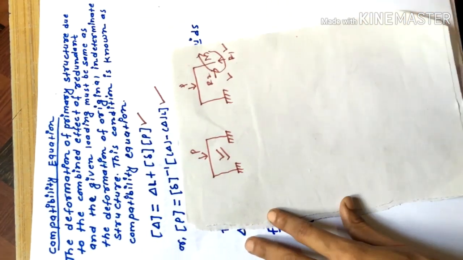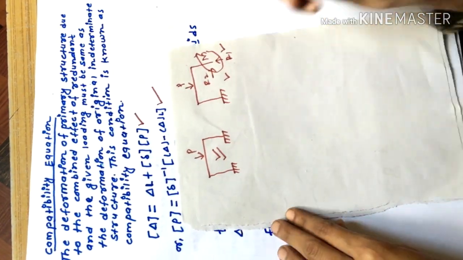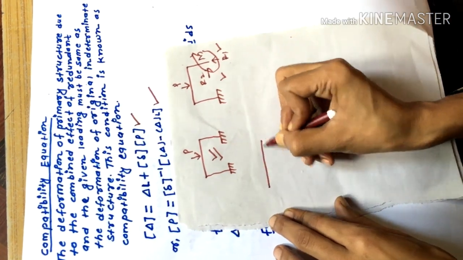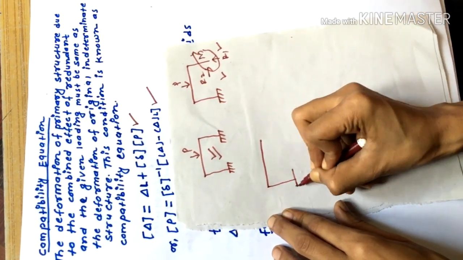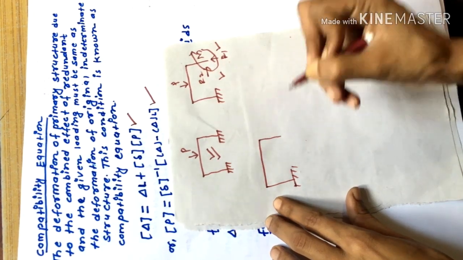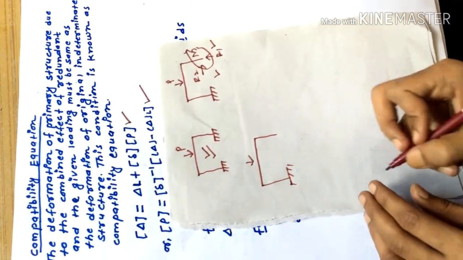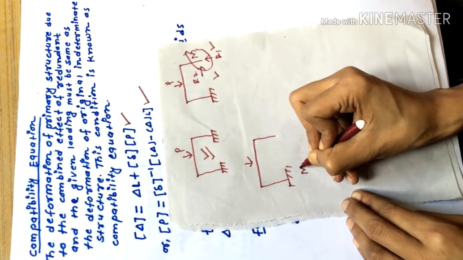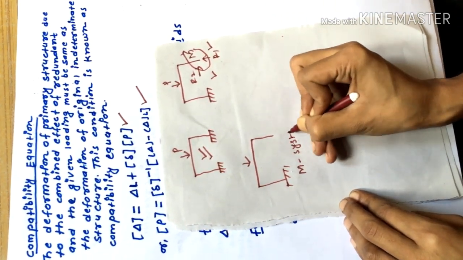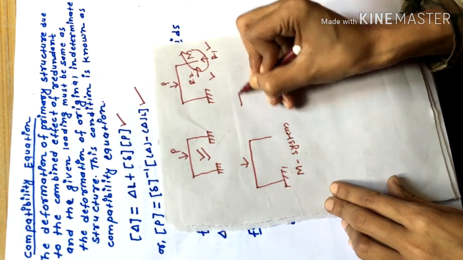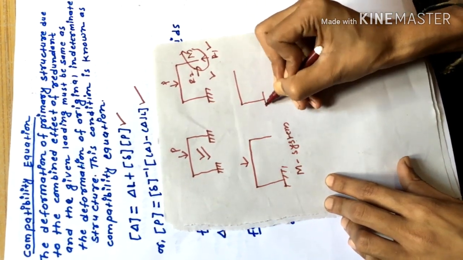In the case of a beam, we calculate from this figure. This is the primary structure, and finally we remove all these redundants. The moment which comes due to the given loading is the M moment, that is the M system. Let me introduce the redundant.